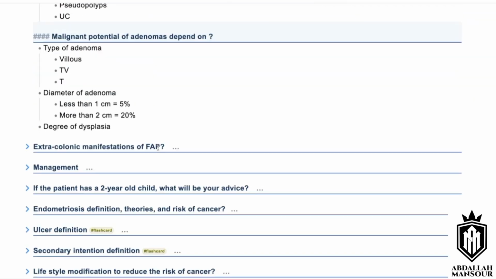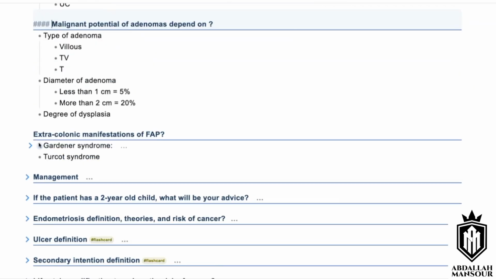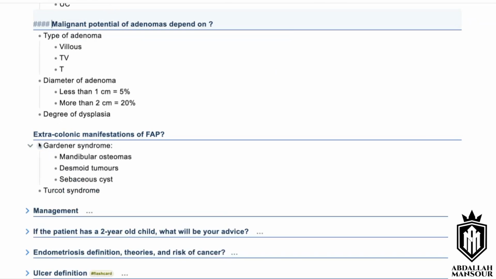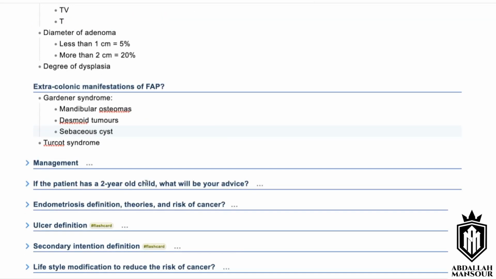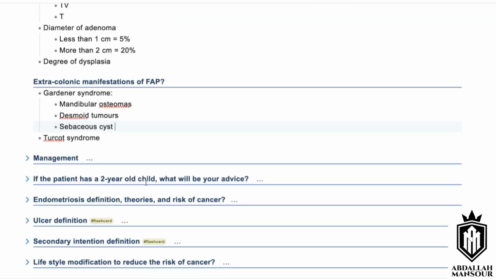Anything else? I remember in Gardner syndrome, desmoid tumor and mandibular osteomas, and there is one more thing actually. Sebaceous cyst, yeah. You've got to mention that as well.